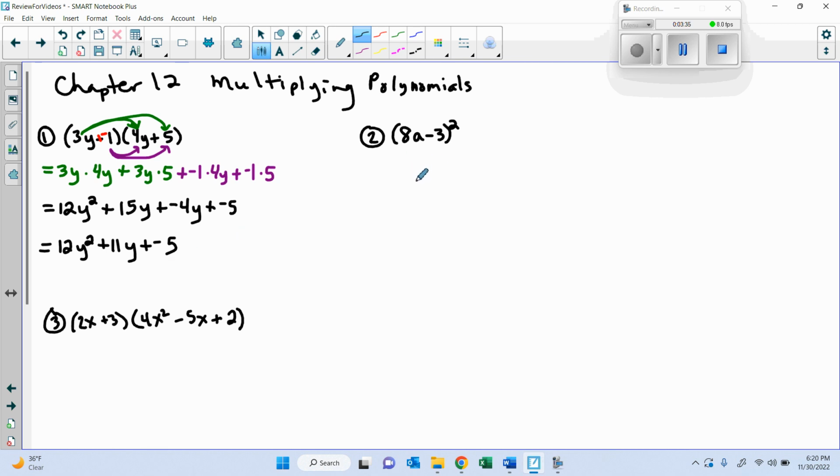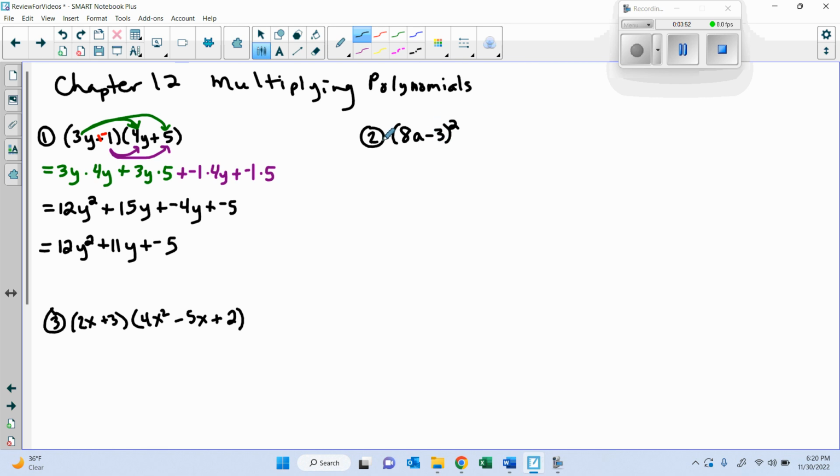So on number 2, we need to be really careful to remember that this subtraction right here causes us all kinds of problems. If inside was multiplication, we could raise each thing to the second, but it's not. It's subtraction.